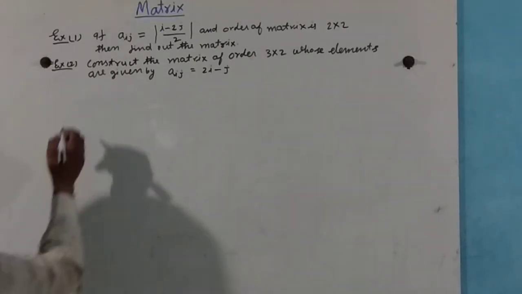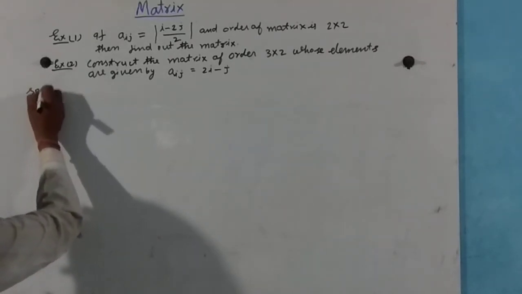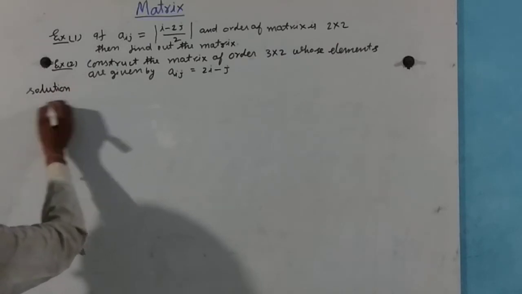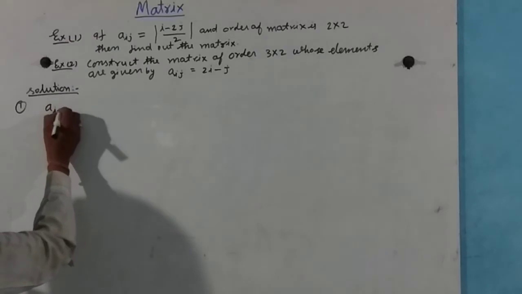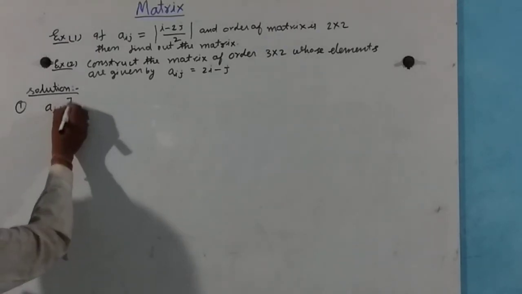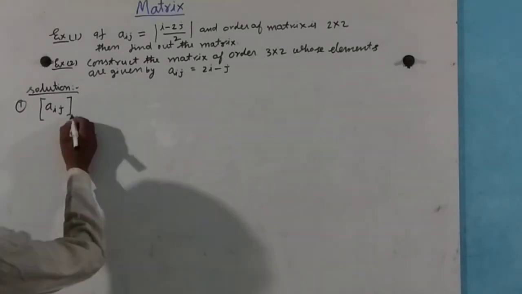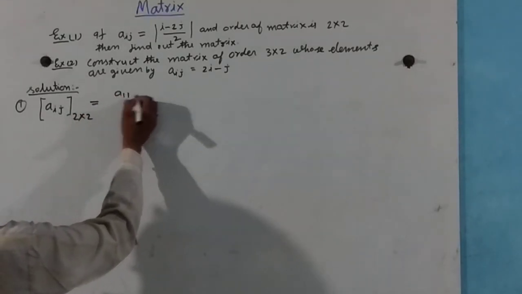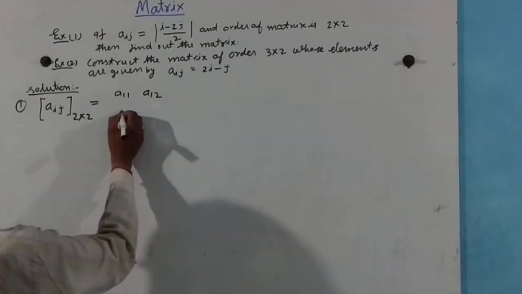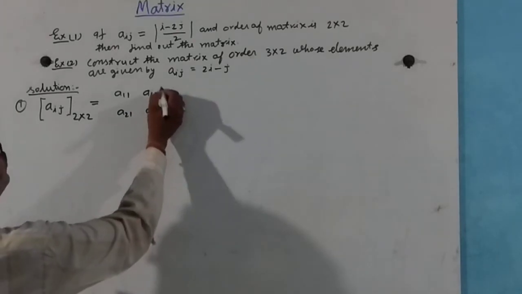Solution: the matrix Aij, 2 cross 2, equals A11, A12, A21, A22.